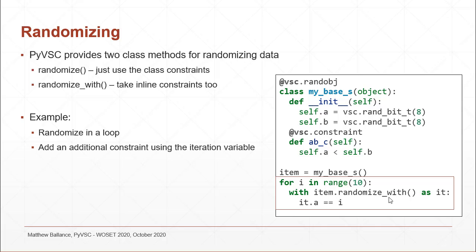So in this case, we're using that randomize with method as a way to constrain the A rand variable to be the same as a loop index within our procedural loop. So every time through the loop, we'll constrain the A variable to be equal to the index. The B variable will be randomized to match. So here again, similar characteristics to what you would be used to in SystemVerilog.